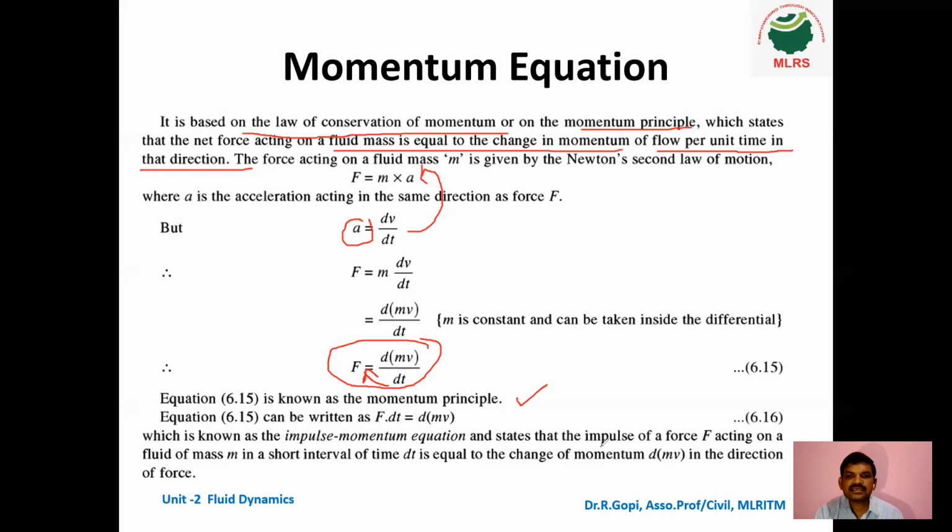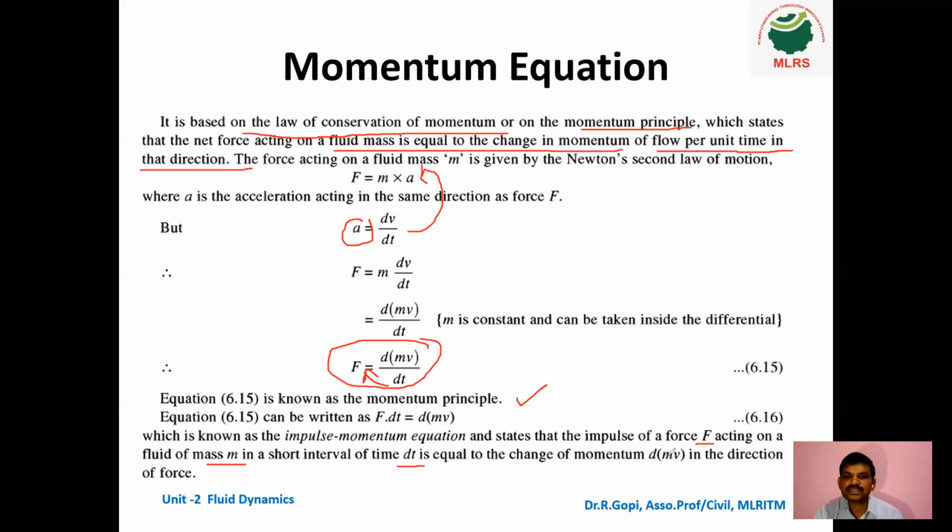It states that the impulse of your force F acting on a fluid mass m in a short interval of time dt is equal to the change of momentum. Mass into velocity is nothing but momentum.